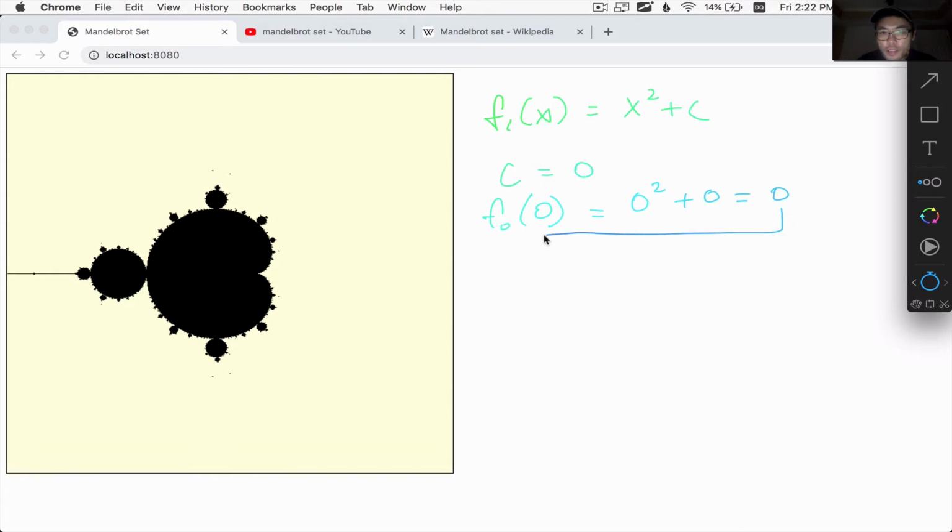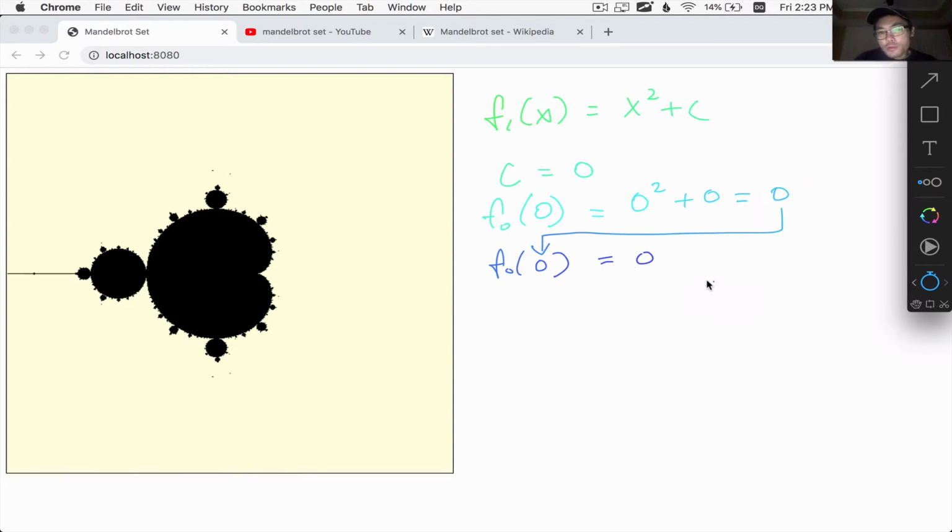And then you take the output and stick it back into the input. This is again going to equal 0. We already did that calculation. So for the case of c equals 0, this infinite recursion doesn't matter. We always stay at 0. So that's another case.